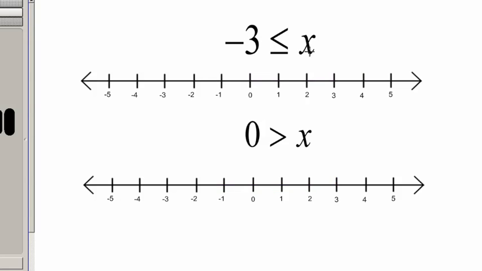-3 is less than or equal to x. It's okay for the variable to be on the right. It doesn't matter what side the variable's on. But you can tell that this variable is on the higher boundary of my half line. You can see that it's kind of opening up to x. And -3 is on the lower boundary of this. So I draw my circle on -3.